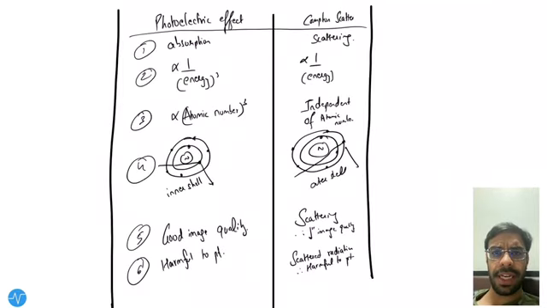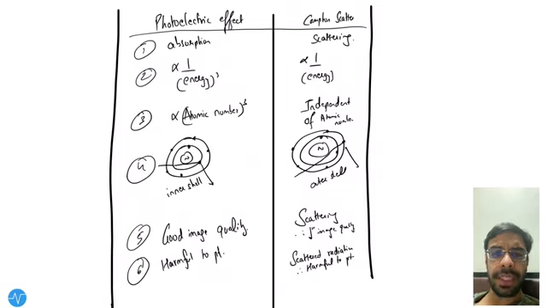Now let us see the difference between photoelectric effect and Compton scattering. Photoelectric effect is for absorption and Compton scattering, as the name suggests, is scattering. Photoelectric effect is inversely proportional to the cube of the energy, whereas Compton scattering is inversely proportional to energy. Photoelectric effect is directly proportional to the cube of atomic number, whereas Compton scattering is independent of the atomic number.